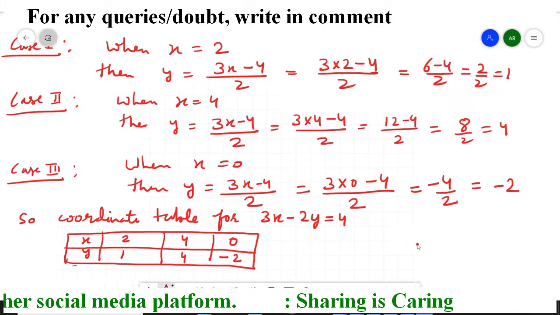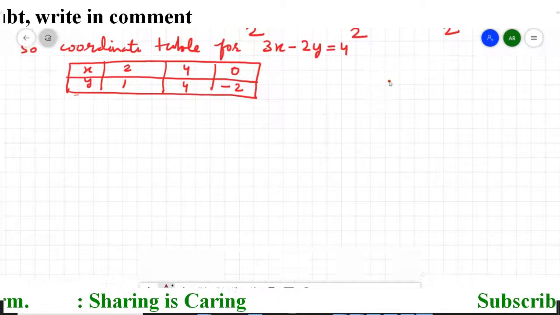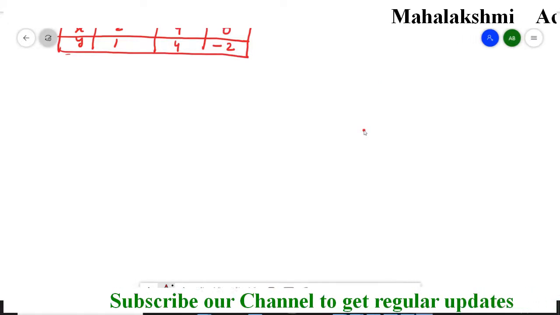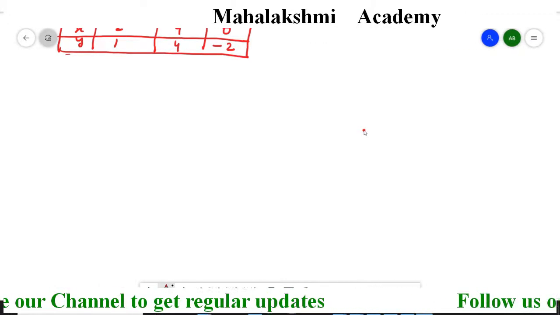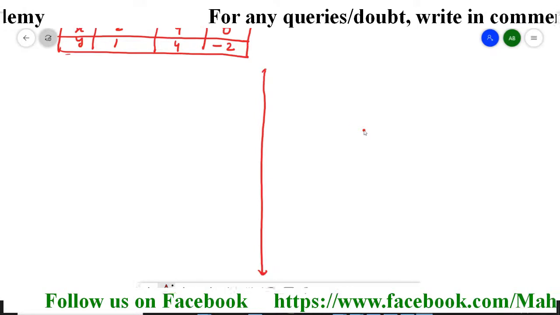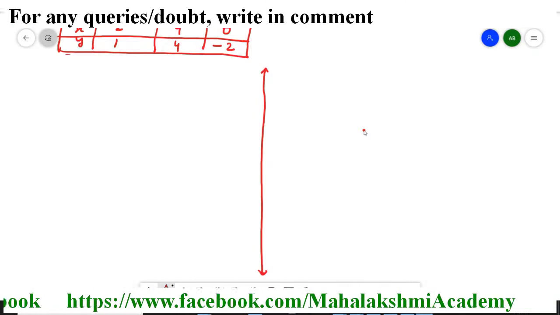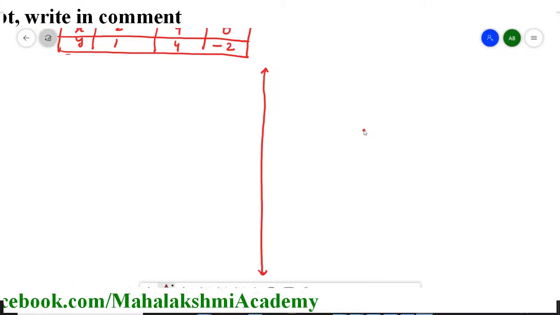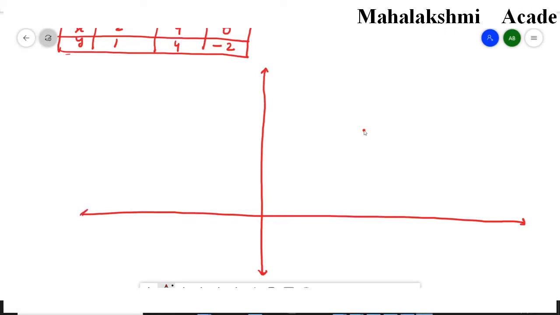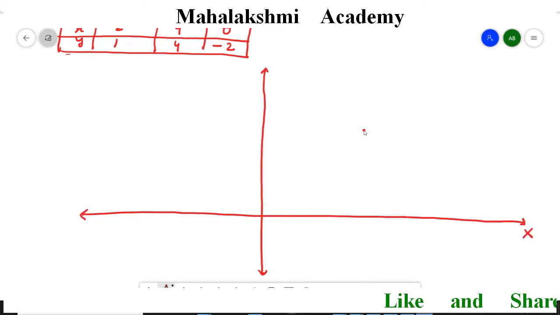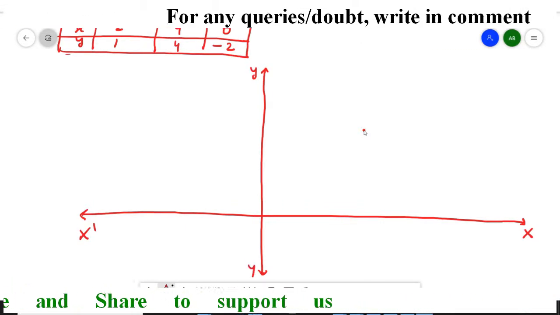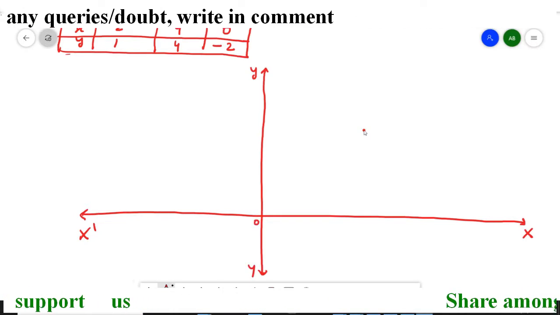Now we have to draw the graph. So for the graph you have to draw the x-axis and y-axis, and you have to write down the scale also. So this horizontal line is our x-axis and vertical line is our y-axis, and wherever they intersect it's going to be 0.